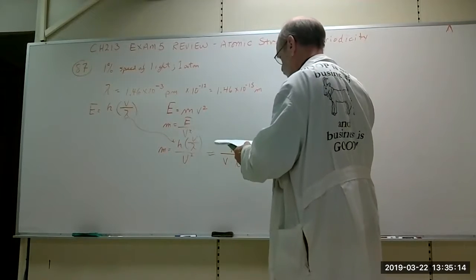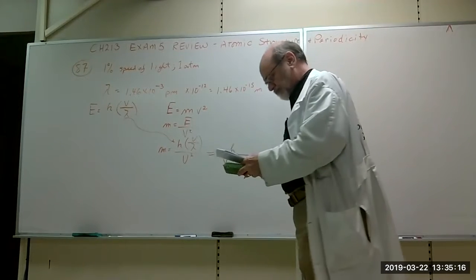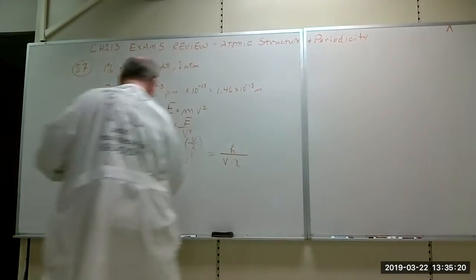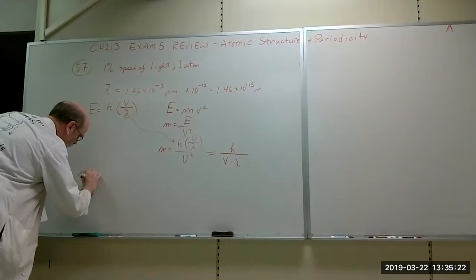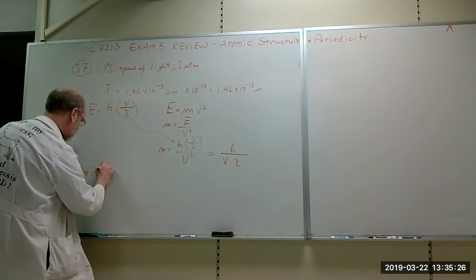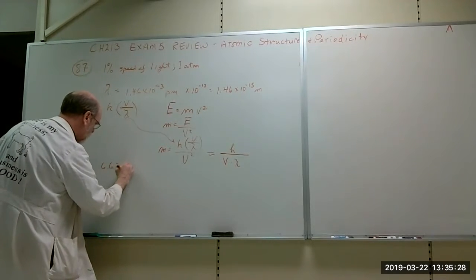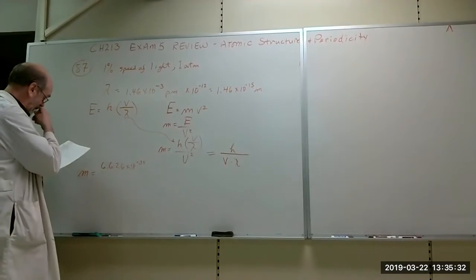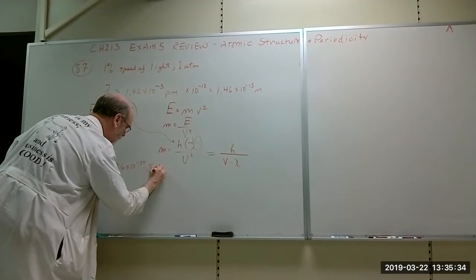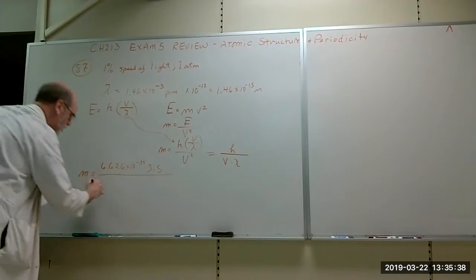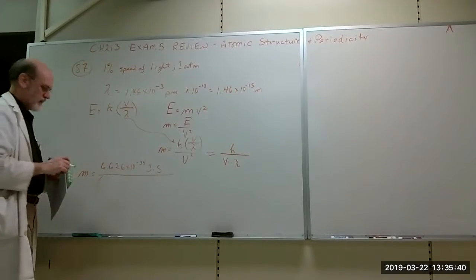So if we substitute those values in there, let's give ourselves a little bit more room. Planck's constant is 6.626 times 10 to the minus 34 joule seconds. And then on the bottom, what's the velocity?